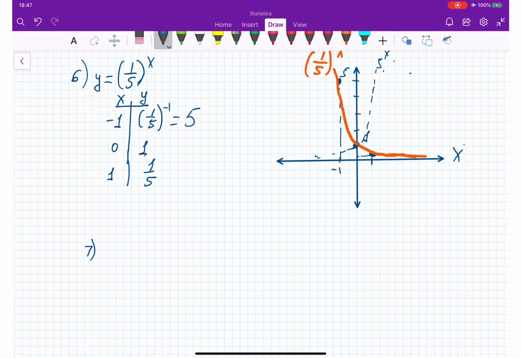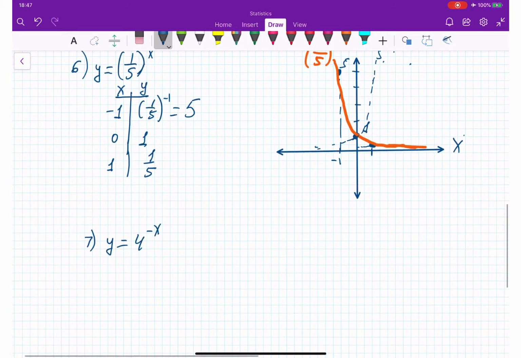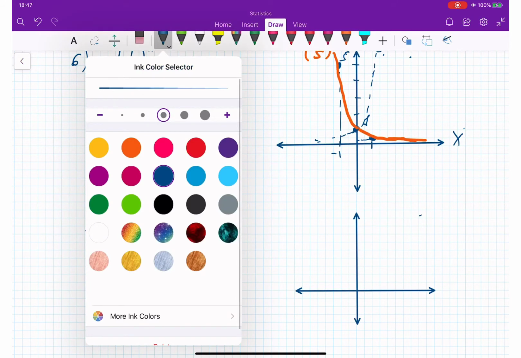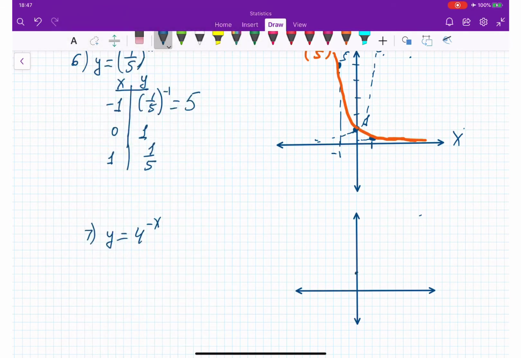Question number 7. Y is equal to 4 to power negative x. It's the same we think. 4 to power negative x. I'll explain to you. So we know it's going to go through 1, right?